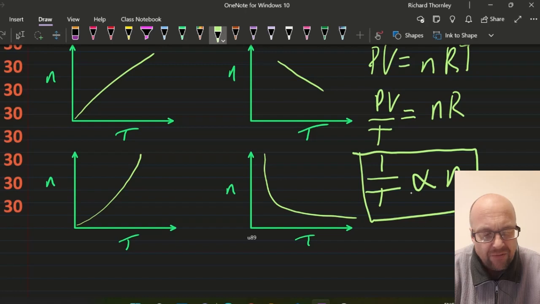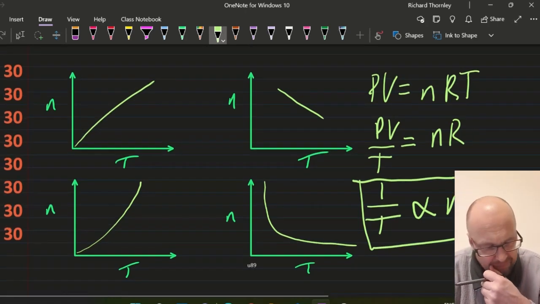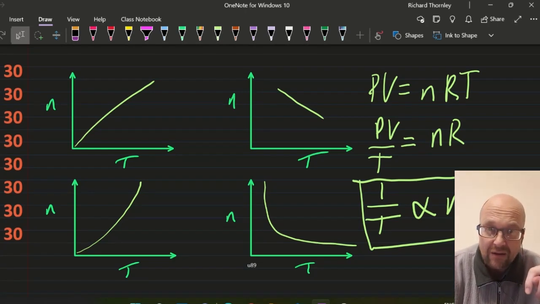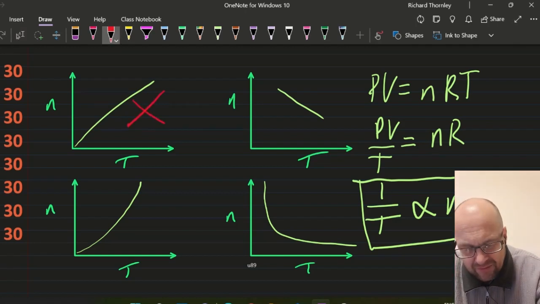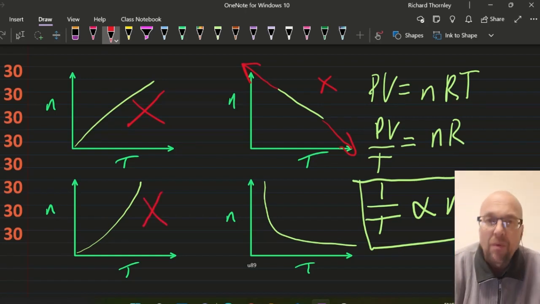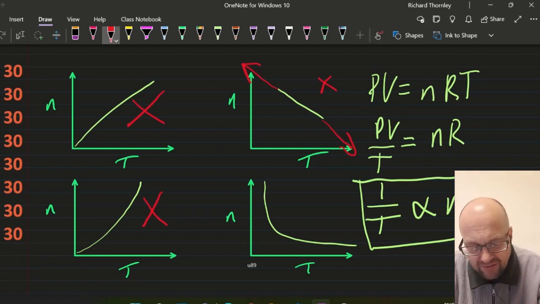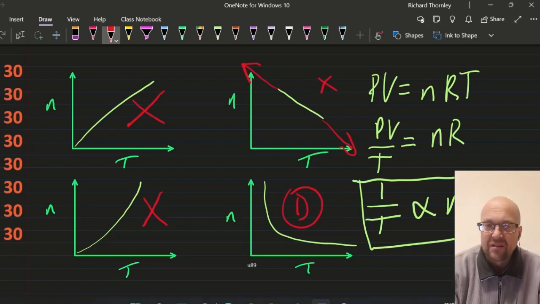So 1 over T is proportional to n. So which graph is that? As n goes up, T goes down. So it can't be that one, because they both go up. This one doesn't make any sense because you'll actually hit the axis. You're never going to hit the axis there. For this one here, one goes up, the other goes up, but one goes up, one goes down. It's D, isn't it? 30 out of 30 is my job though.